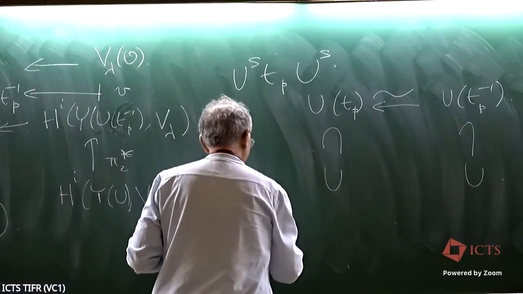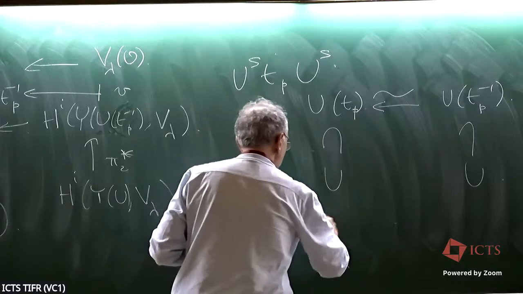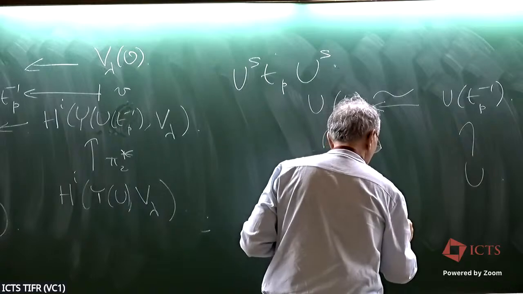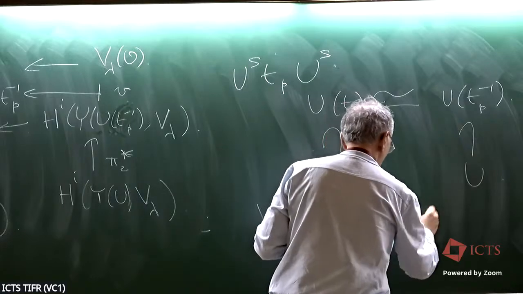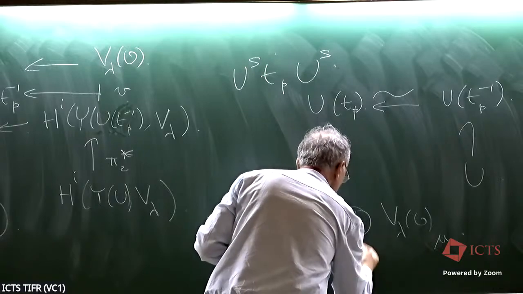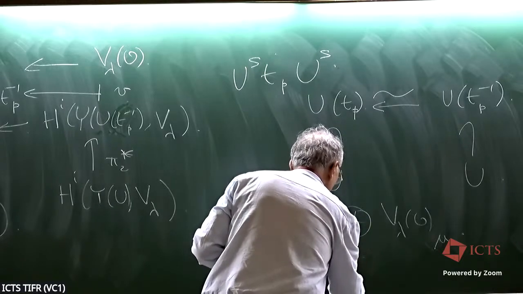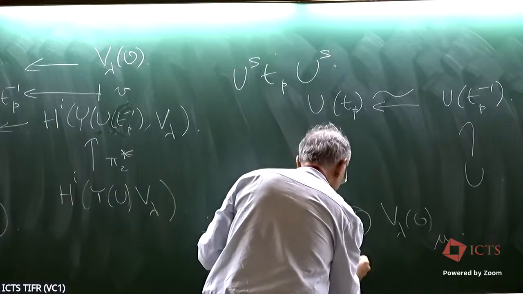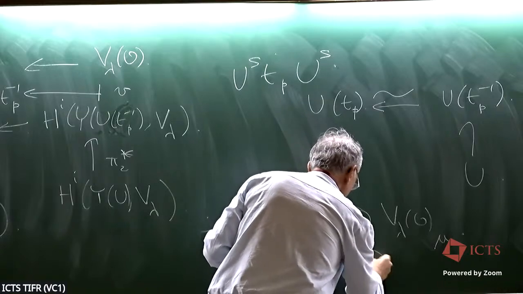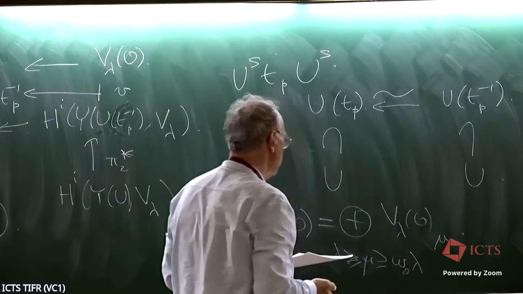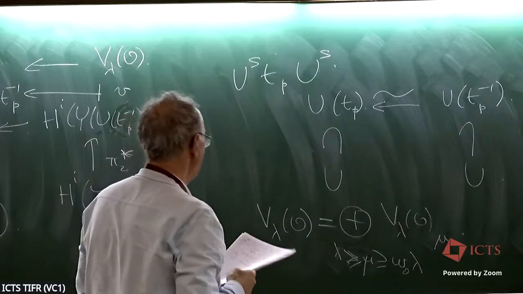V_lambda(O) decomposes into weight spaces V_lambda(O)_mu, where mu runs in the set of weights between lambda and w_0 lambda. w_0 is the longest element of the Weyl group.